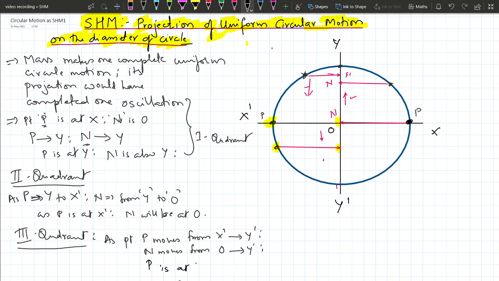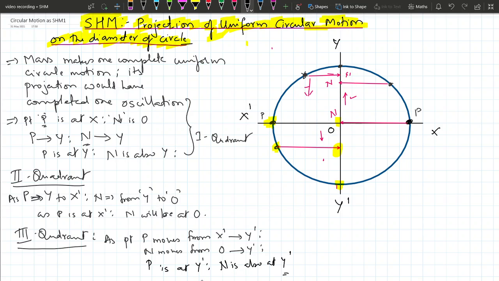Okay. After that, when the point P is at Y dash, what is the corresponding projection? The projection will be at Y dash. Therefore, the projection N is also at Y dash.